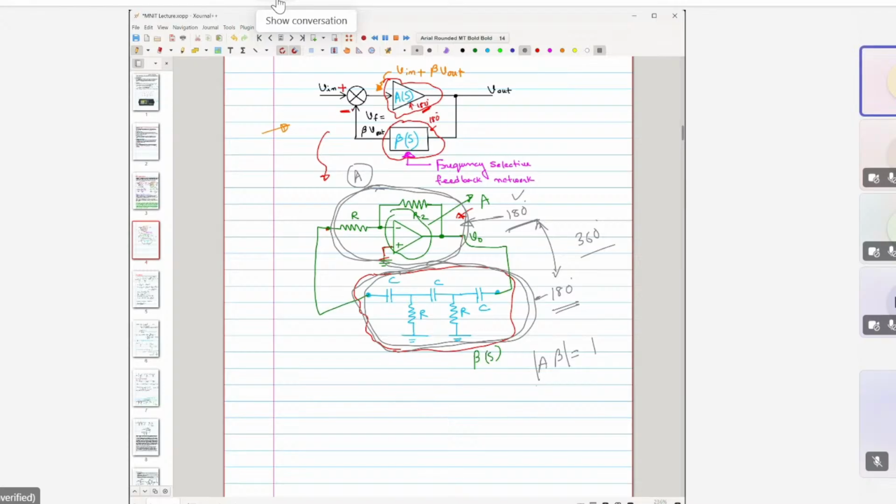If we can do that, then this circuit would produce a sinusoidal waveform. It does not require any input signal. It does not require any input signal. But simply by connecting the circuit in this fashion, it will produce the sinusoidal signal. Let us see this circuit in more detail in the next page.